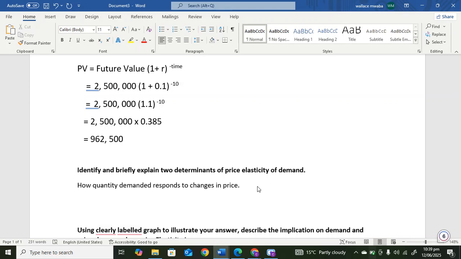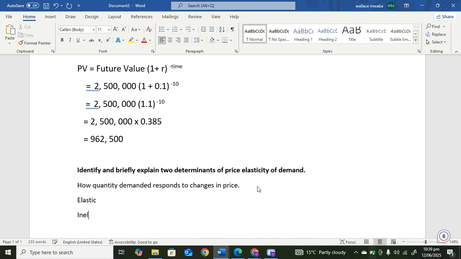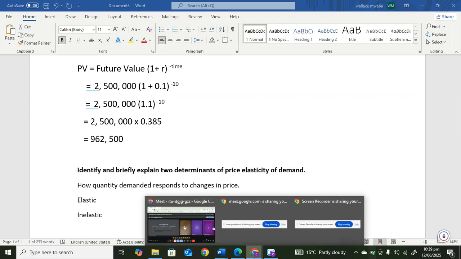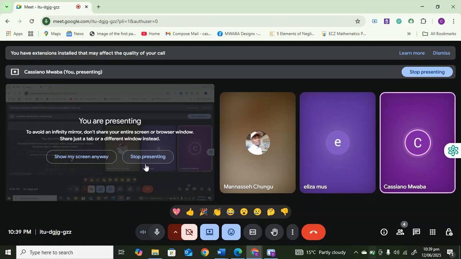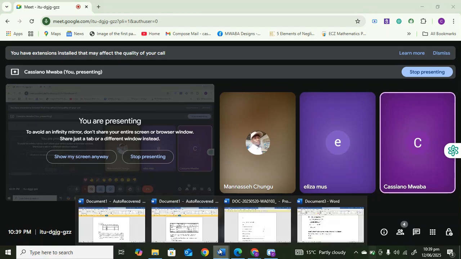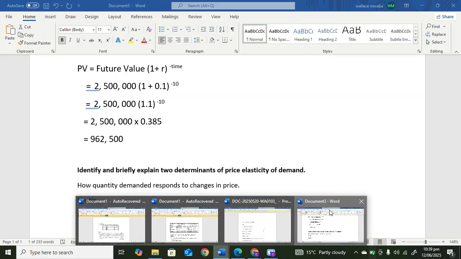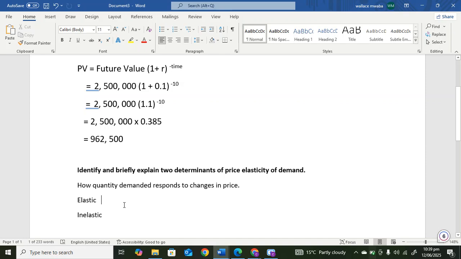So, price elasticity of demand can either be elastic or inelastic. So, colleagues, this word elasticity, just think of responsiveness, okay? How something responds. That's the elasticity. Here it's how quantity demanded responds to changes in price.